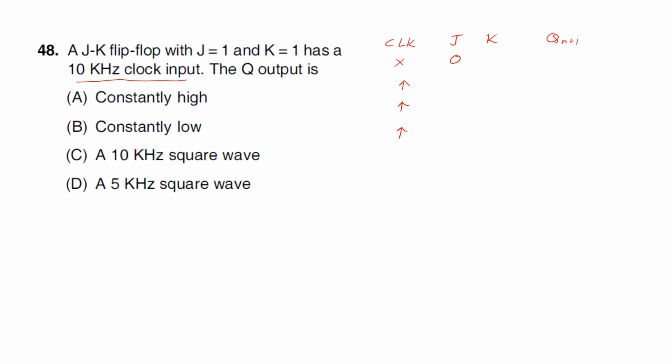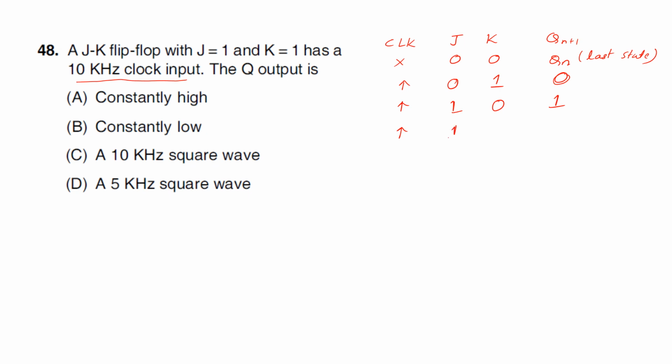When J is low and K is low, when J and K both are low, it remains in the last state only. The output will be Qn only. When J is low and K is high, the flip-flop resets to 0. When J is high and K is low, the flip-flop sets to 1.